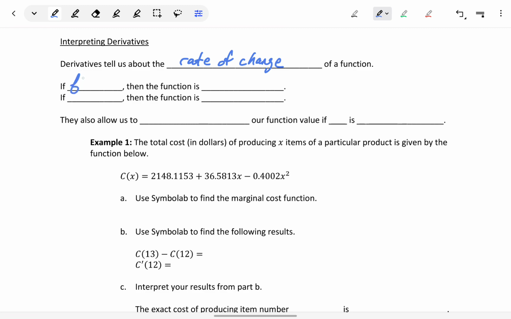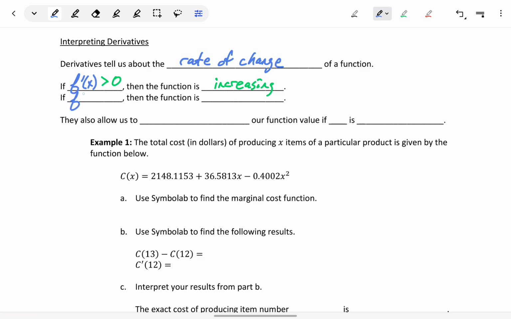If we evaluate f prime of x, where f prime is one of our notations for the derivative of a function, if we evaluate that derivative function and we get a result that's positive, then that means the function is increasing. Just like with slope, a positive slope means we have an increasing line, decreasing slope means a decreasing line.